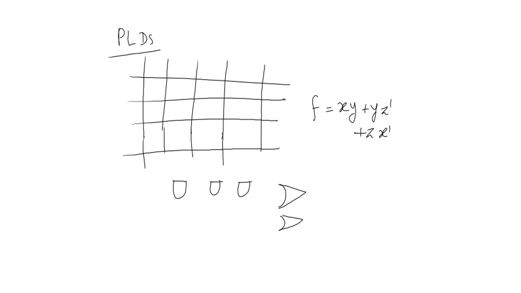What will we do? From these lines, let's suppose I am getting x, and I am getting y. Sorry, this y can be used directly. Let's say this is z bar and this is your z and x complement.